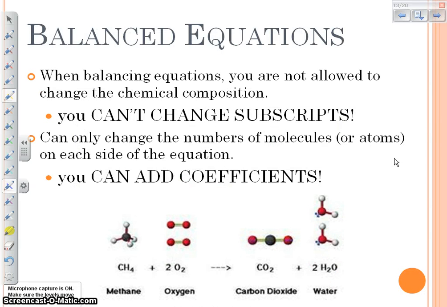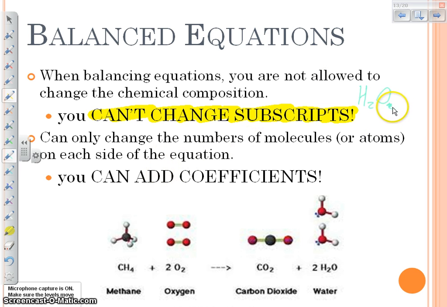All right. In terms of the big overall ideas, you can never, ever change a subscript. If I have water, I need to keep it as water. I can't suddenly change and say, hey, I want to add an oxygen and add a 2 there. That doesn't work.